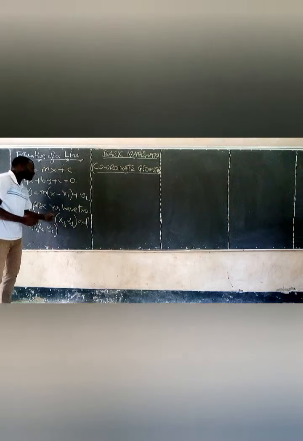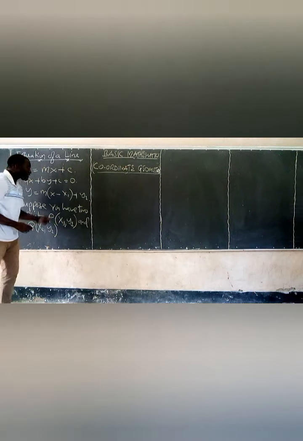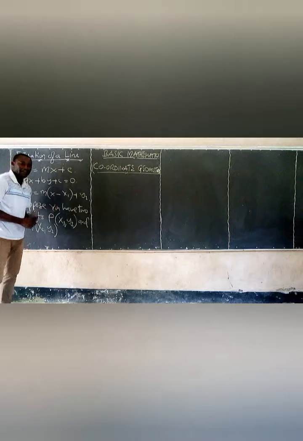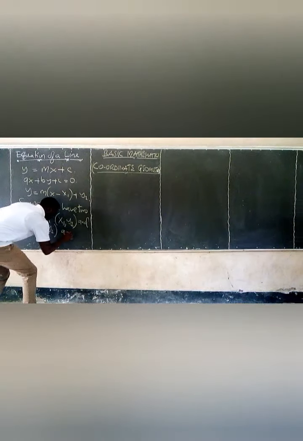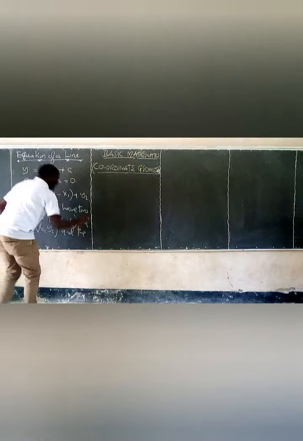And once the straight line passes through these points, P and Q, which are already mentioned here, that straight line tends to create another point.